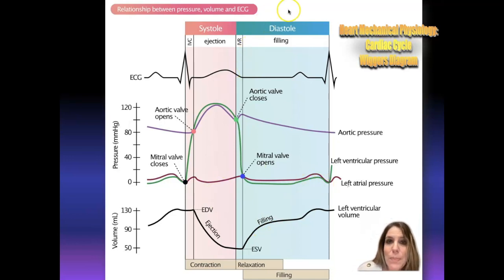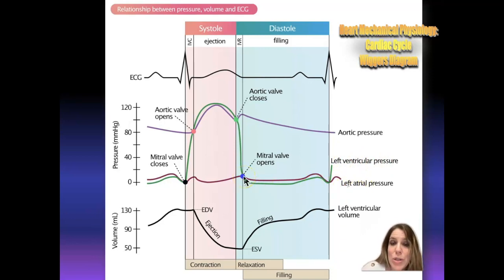So starting back with ventricular diastole. During the ventricular filling phase, remember that the pressure in the ventricle is very low because there's no blood in there. The blood's all in the atrium. You're going to see that in green here is the left ventricular pressure, and in purple is the left atrial pressure.